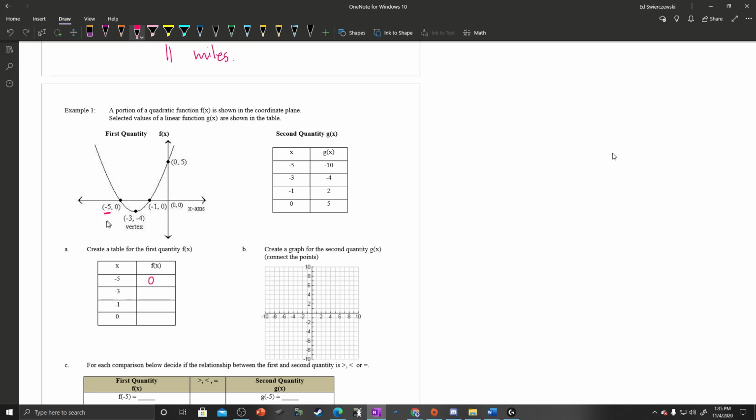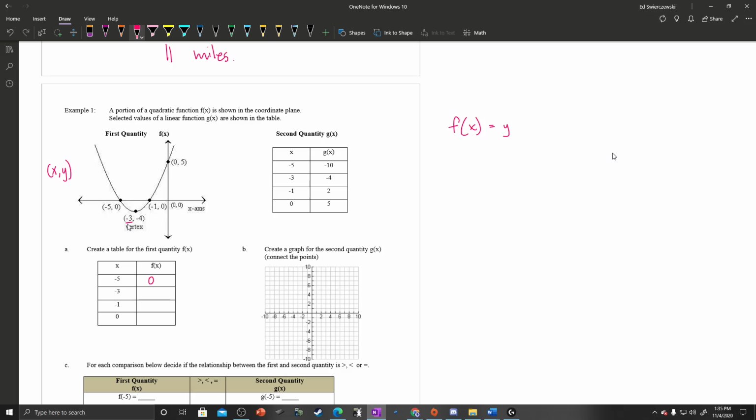And it's kind of just like I'm reading the graph again, right? So I see the x value is -5. What's the y value? 0. X value is -3. Okay, what's the y value? Again, remember, ordered pairs are x comma y. And remember f of x is the same as y, or the output.